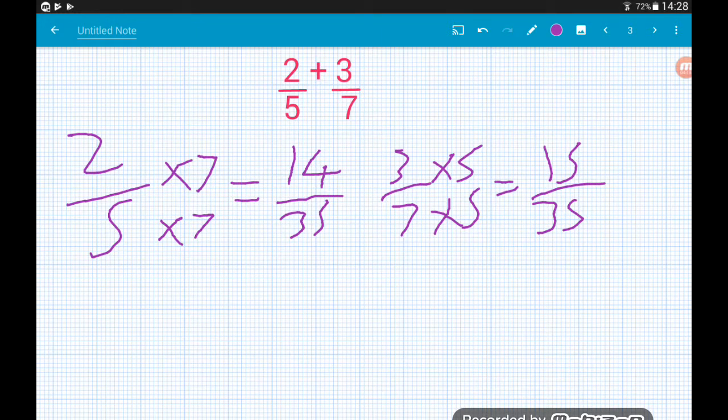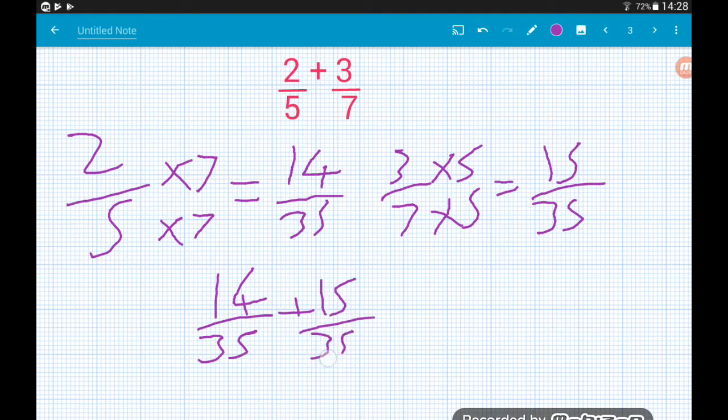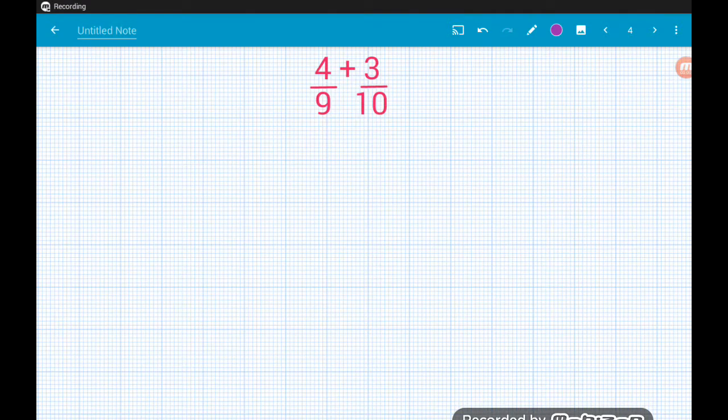So now 2/5 add 3/7 is going to become 14/35 add 15/35, and then we just add the tops together. 14 add 15 is going to give us 29/35. Jobs again.